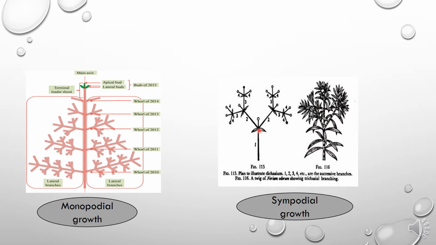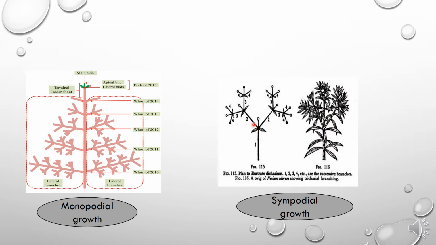Here you can see the terminal bud, and below the terminal bud two branches appear, and from those two branches further branches appear, and they continue to grow only for a short period of time. They do not grow for a long period of time, and they very soon terminate into flowers, like these rounded structures, which you may assume to be flowers.